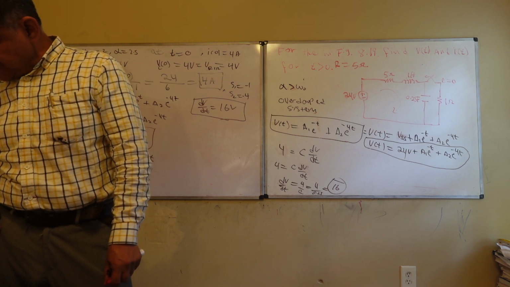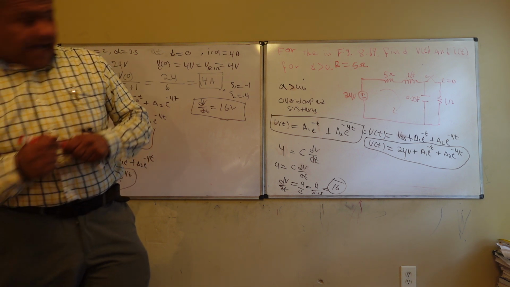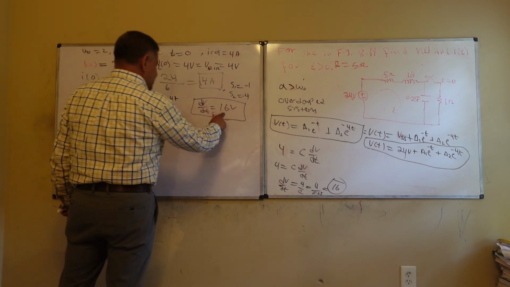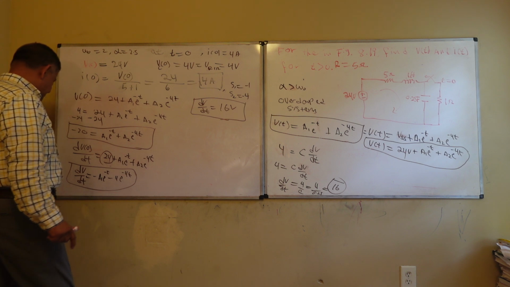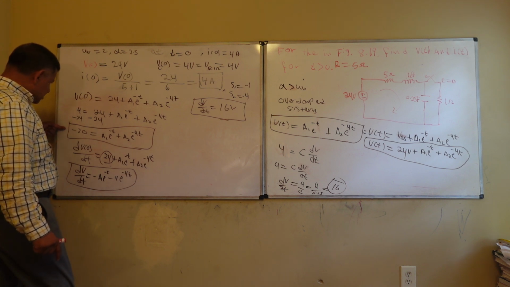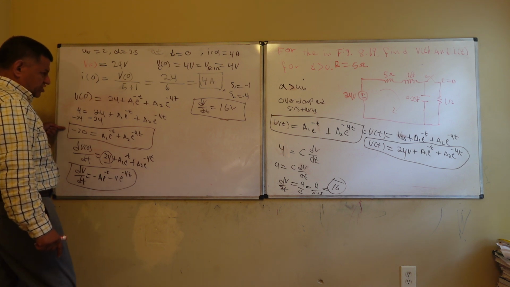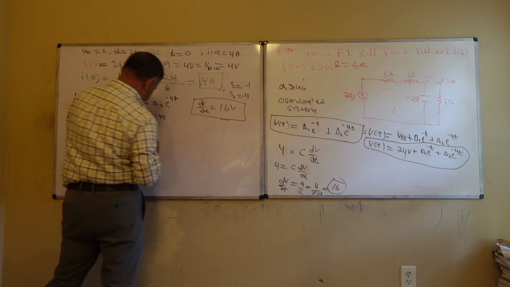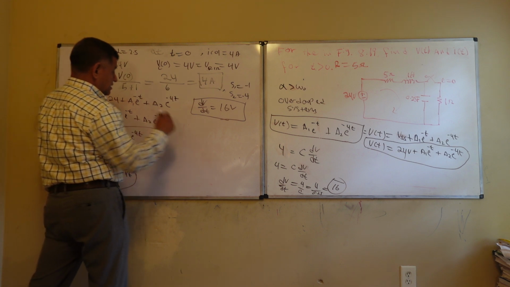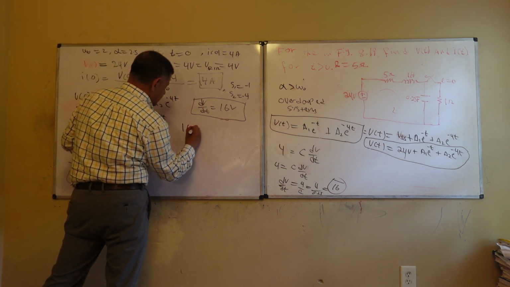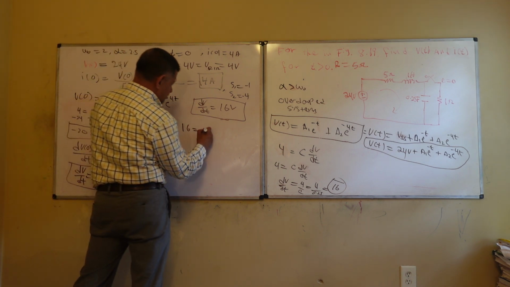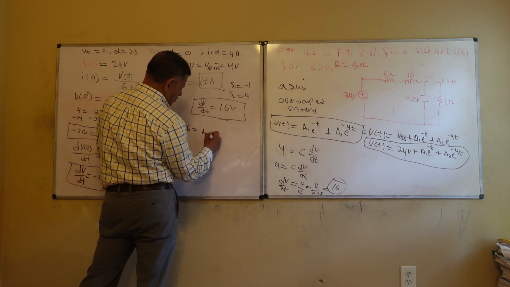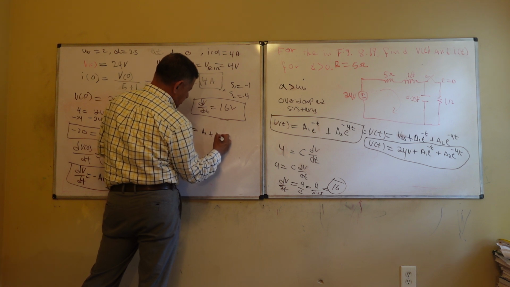Now what we can do at this moment is simply use the equations. At this point we can use this condition and this condition that are both in voltage, so we can say that this 16 is equal to A1 plus A2, right?